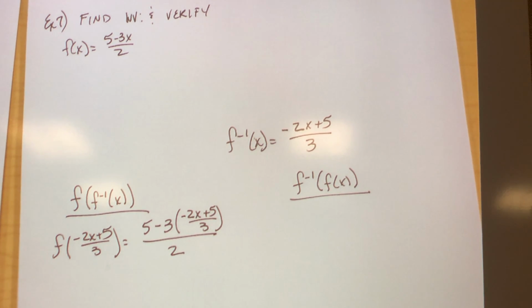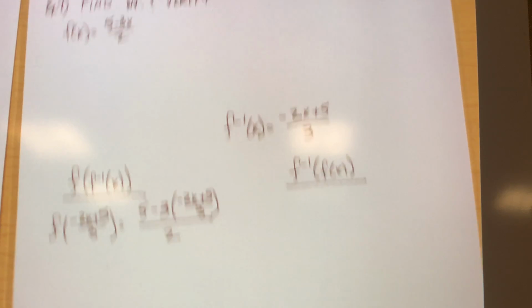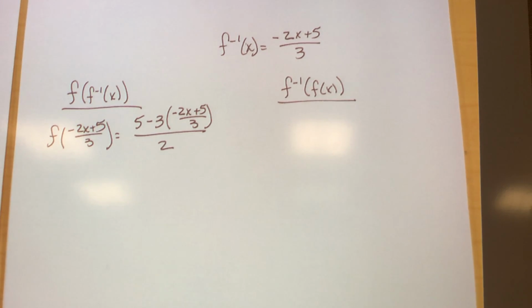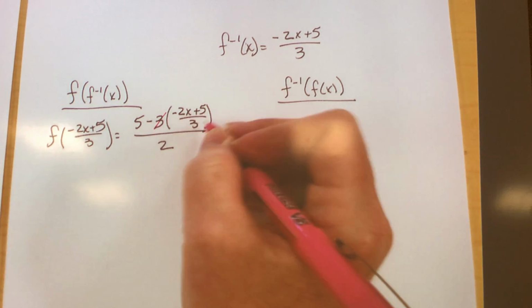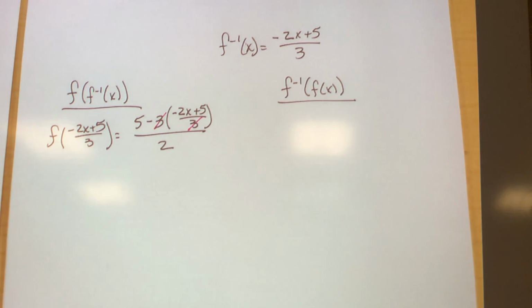Okay, so what's the first thing I need to do? Yes, your 3's cancel out, okay? Now, when your 3's cancel out, you're going to need to be really careful or you're going to make a careless mistake.